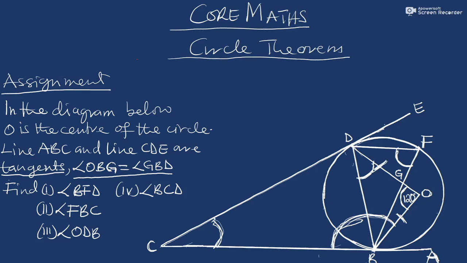So it means that when we add the angle here to this angle here, to the angle at the center, and then to this angle, they should be equal to what? 360 degrees.